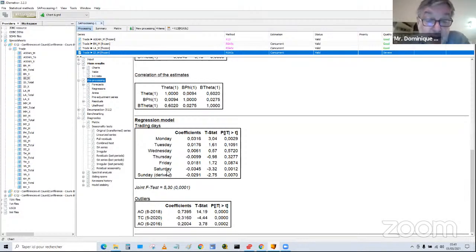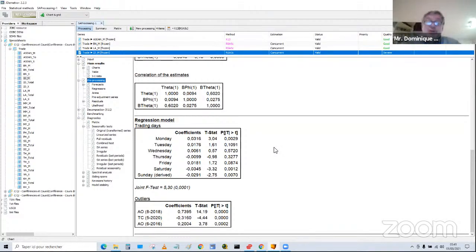You see that Saturday and Sunday are negative. So I do have a weekend effect for sure. And I have a Monday which is a bit higher, probably due to the fact that we have fewer registrations during the weekend. So it's coherent, okay?